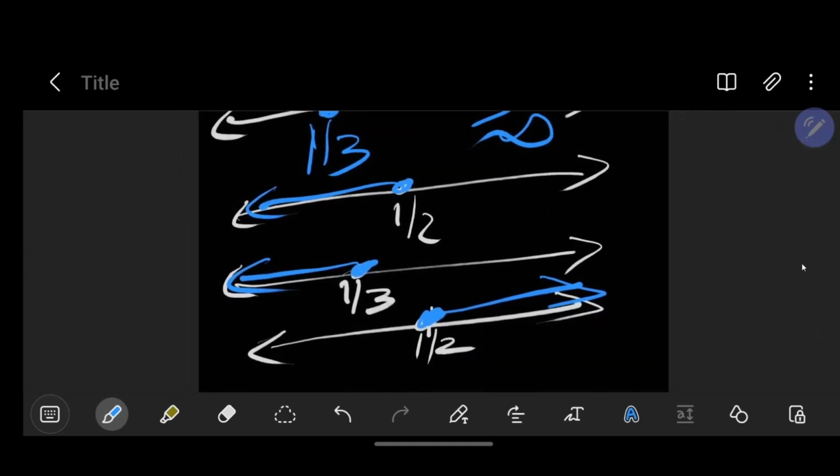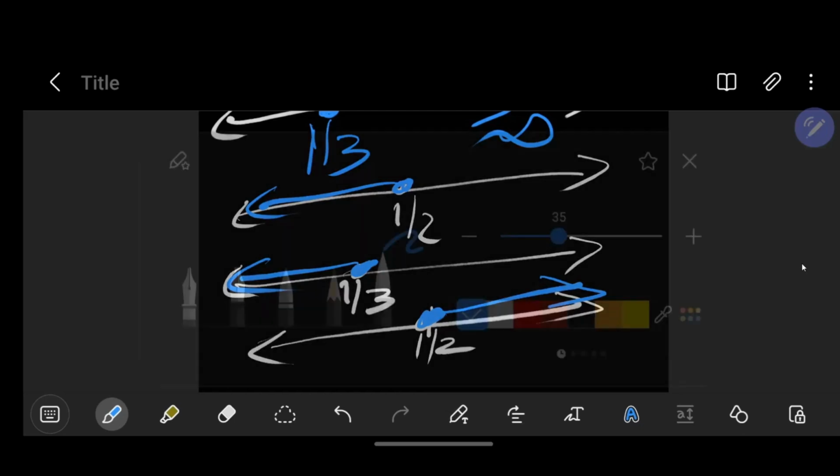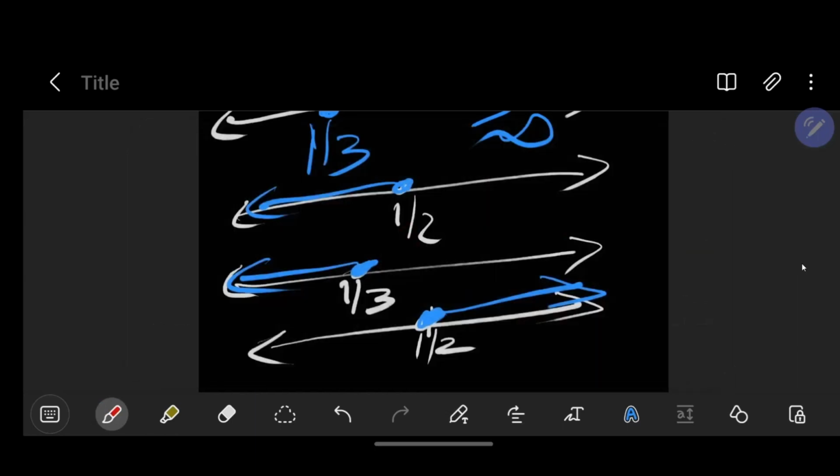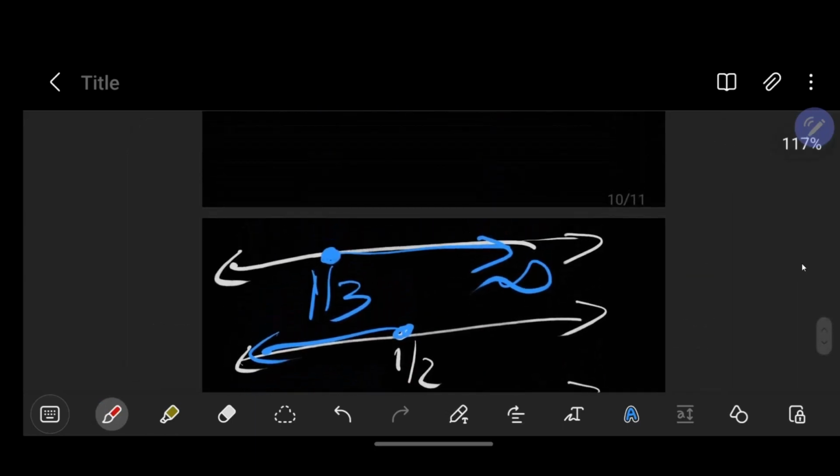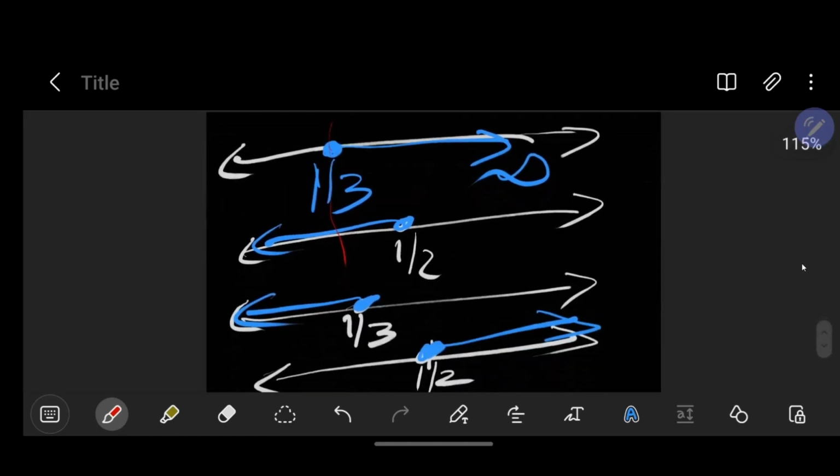However, we need to find where we have 1/3 and a half. So we find the intersection of the two, meaning that we can only go down here. That's the furthest, and we can only go up there. That's the furthest we can go. So we want, including 1/3 and a half, everything that's in here, and that will solve our inequality.